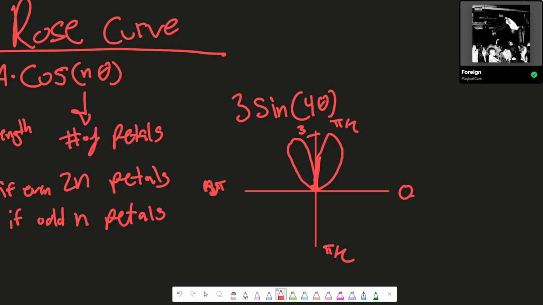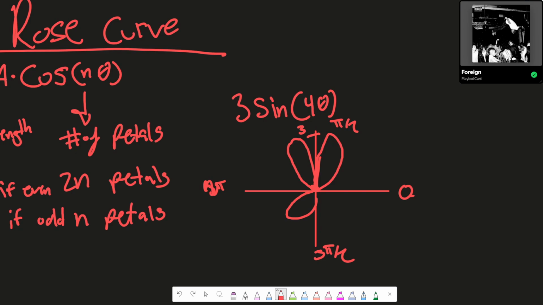Now once we go to the next quadrant, we're at pi to 3 pi over 2. Here, sine is negative. So what ends up happening when you're negative in a quadrant is that you don't stay in that quadrant.